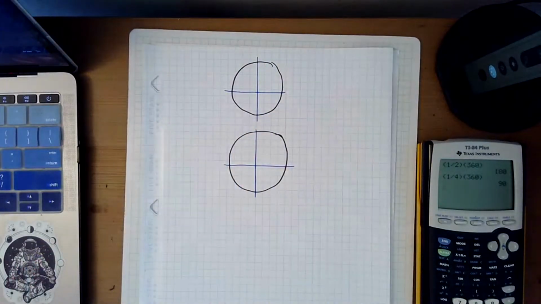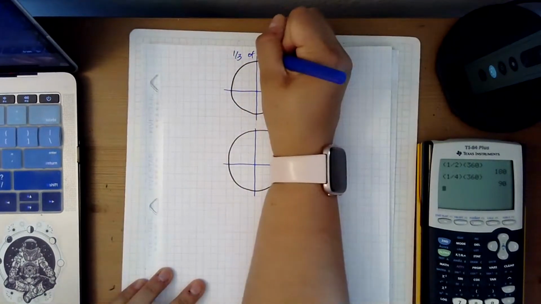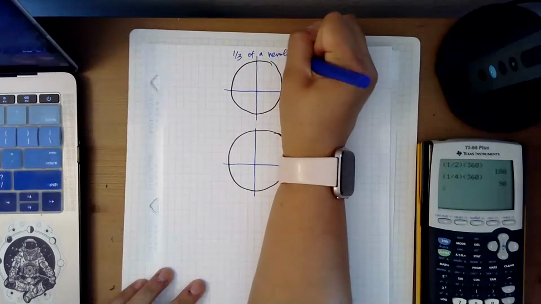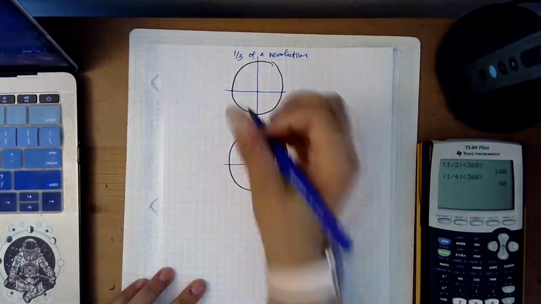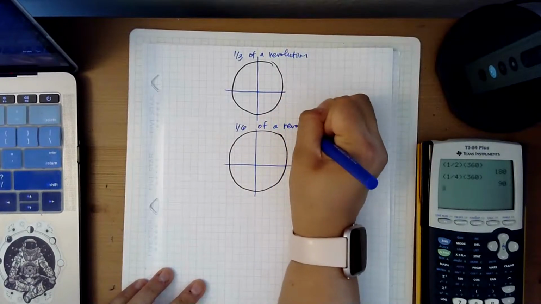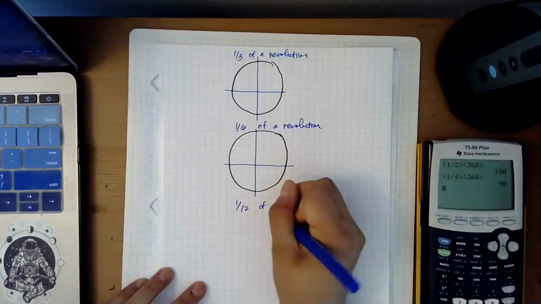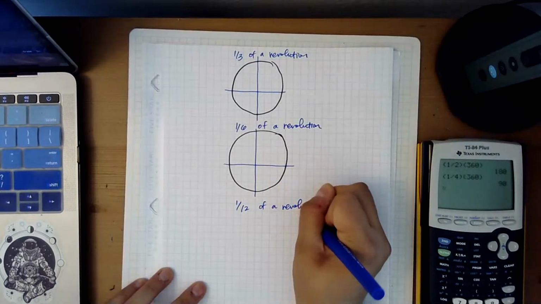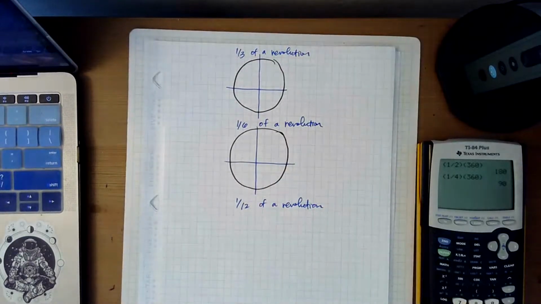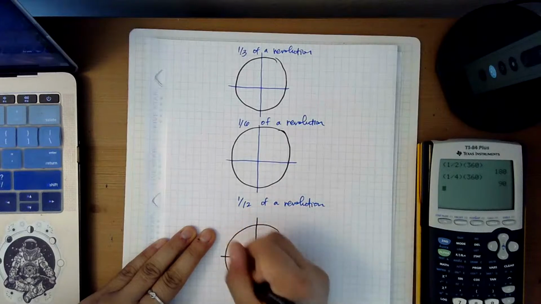Now what happens if I cut this unit circle and I say 1/3 of a revolution? Or what if I say 1/6 of a revolution? And I'm also going to do 1/12 of a revolution. Okay.